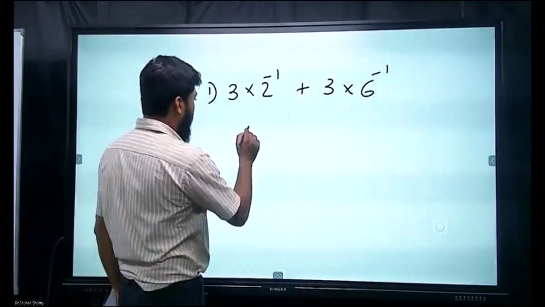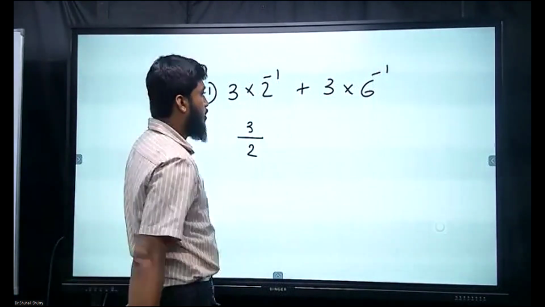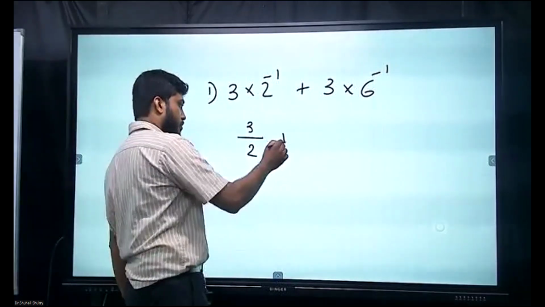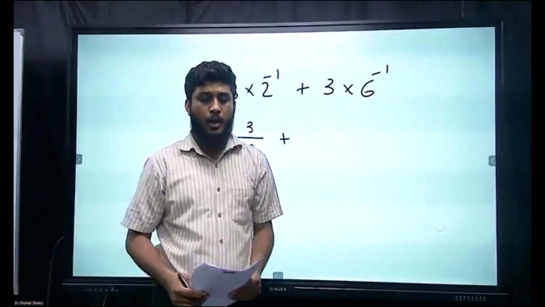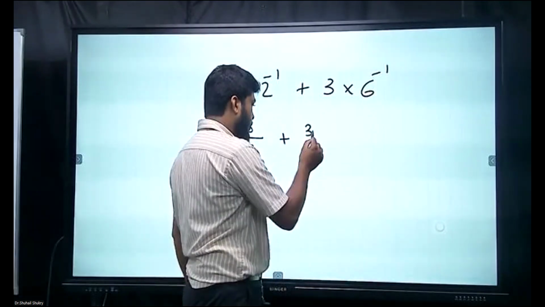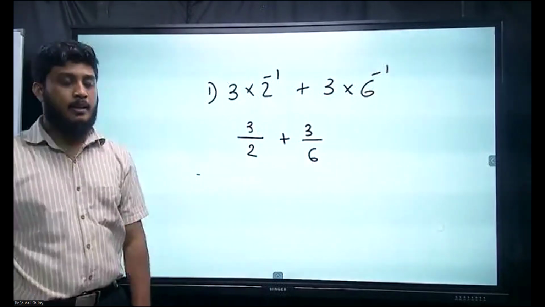So the first one will be 3 over 2 to the power minus 1, meaning you can write 2 here. Plus 3 into 6 to the power minus 1, how can you write that? 3 over 6.